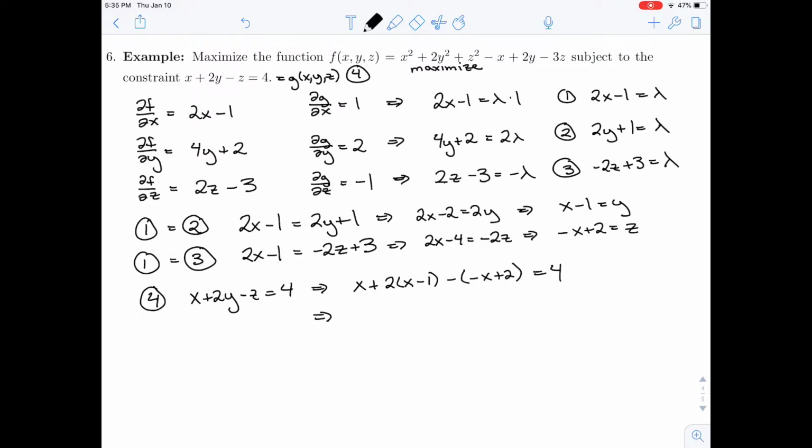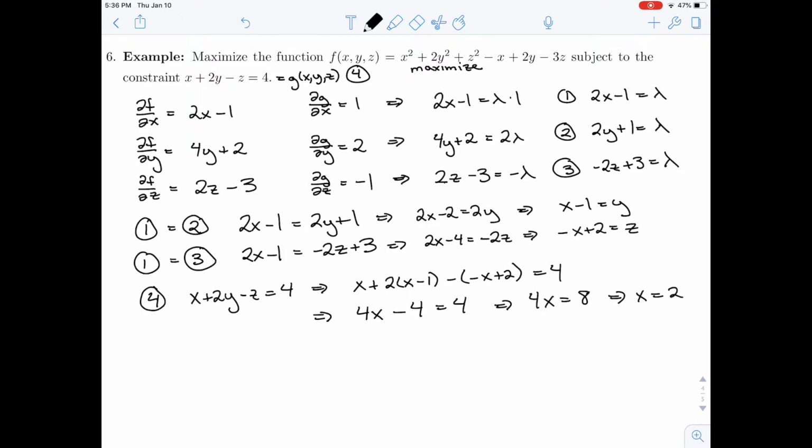And this becomes x plus 2x plus x, so that's 4x, minus 2, so minus 4, and that's equal to 4. So we have that 4x is equal to 8. So x is 2.